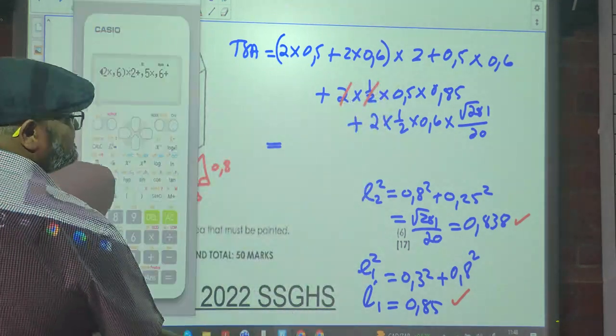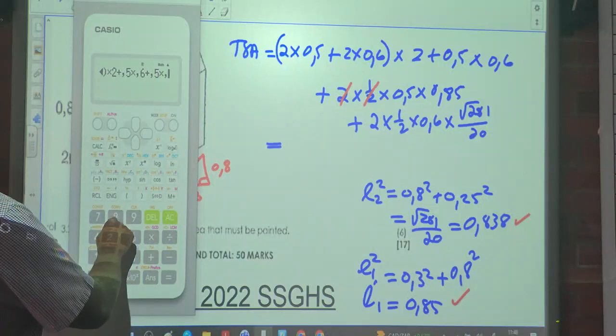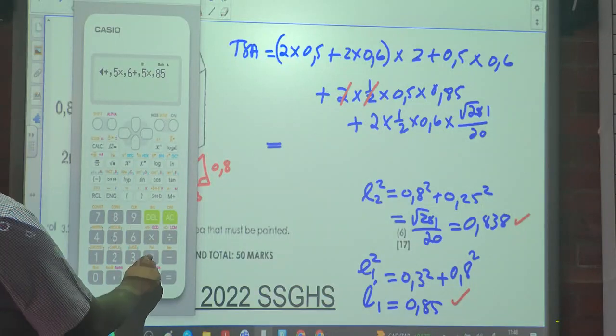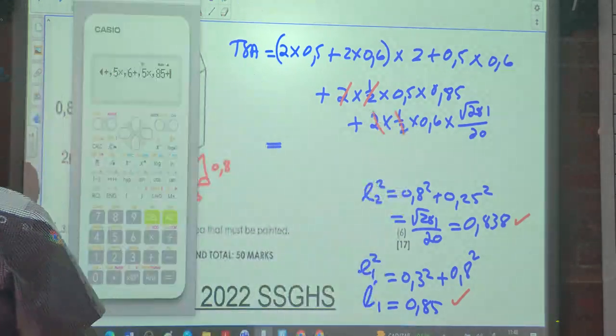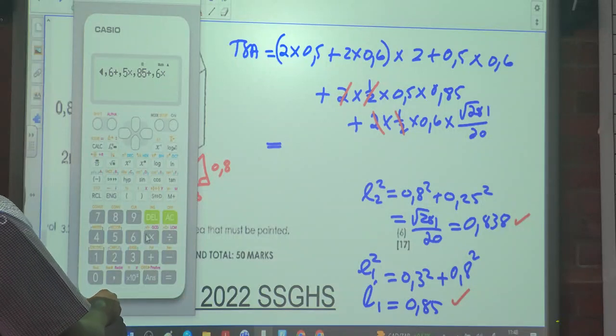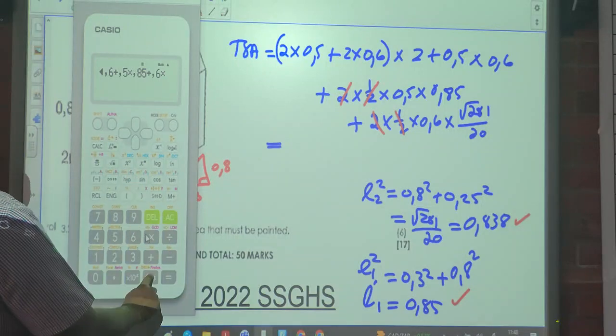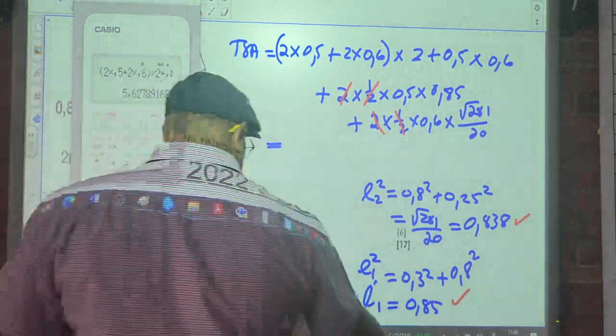So that's going to give us 0.5 times 0.85 plus, of course this again cancels, 0.6 times the square root, which is the last answer calculated there, gives us 5.63.